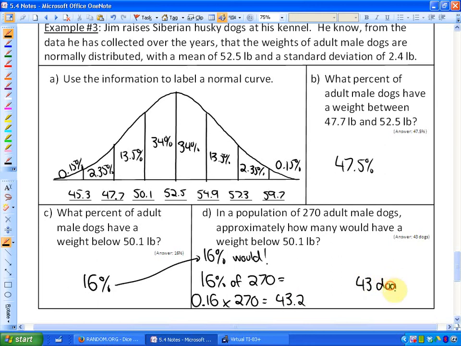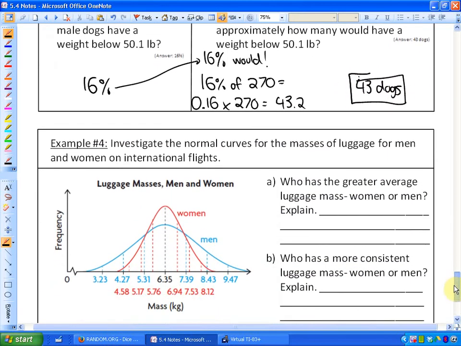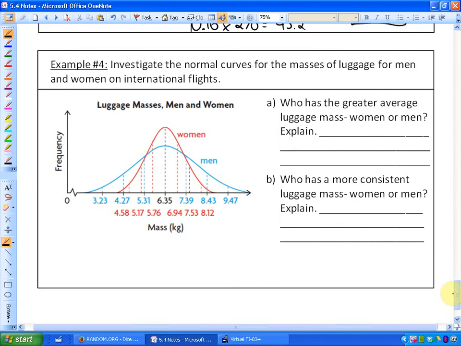That's our prediction. All right, so our last question here has to do with more of an interpretation of standard deviation. This question here says, investigate the normal curves for the masses of luggage for men and women on international flights. Who has the greater average luggage mass, women or men? So if you look at these two distributions, it appears like women have a taller distribution, but that actually doesn't mean that much.